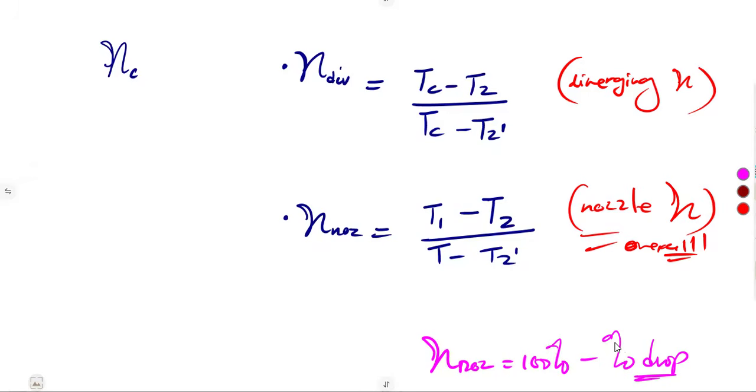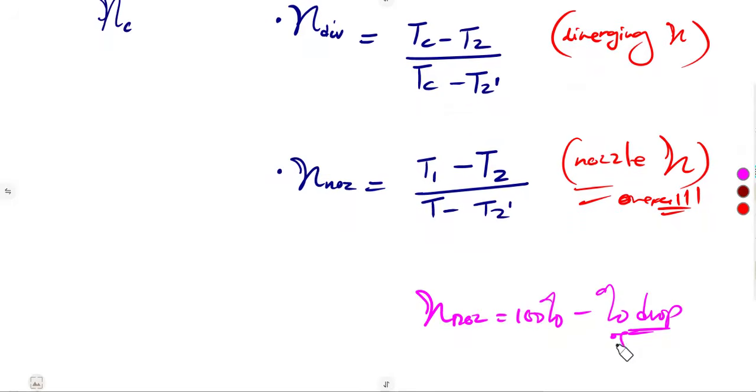From 100%, because the nozzle efficiency is the overall. So they'll give you a percentage drop out of the overall, this and that you're given there.